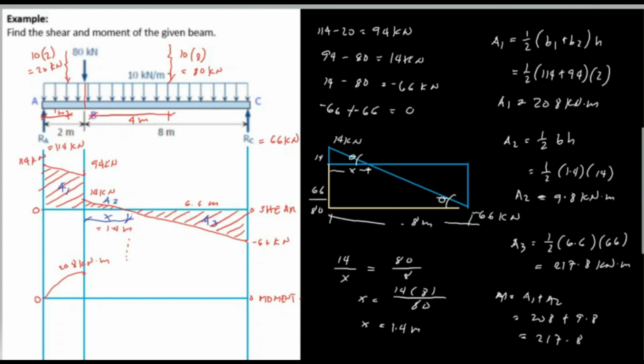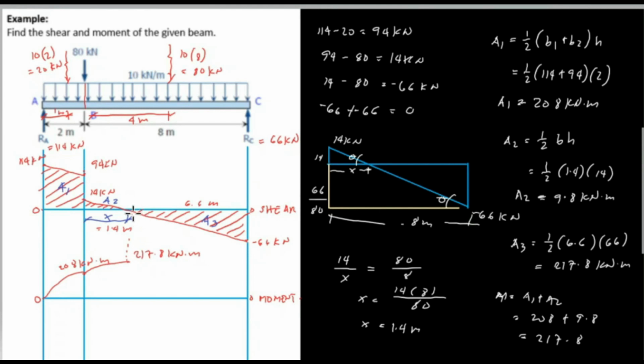And this is 217.8 kilonewton meter. The shear is downward from point B up to 1.4 meters, and the shear is decreasing, so it is also concave downward.